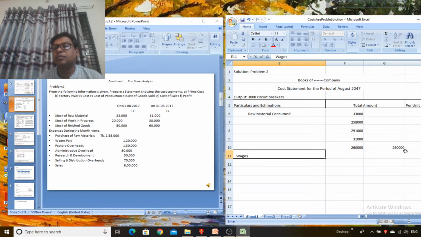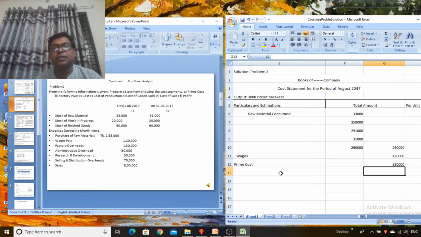This will comprise our prime cost. Prime cost will be these two. We have to add that, so we will find the prime cost 3,80,000 taka.